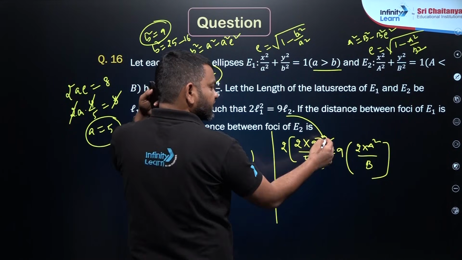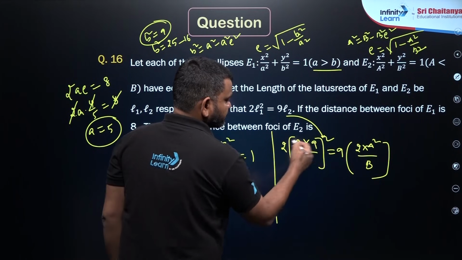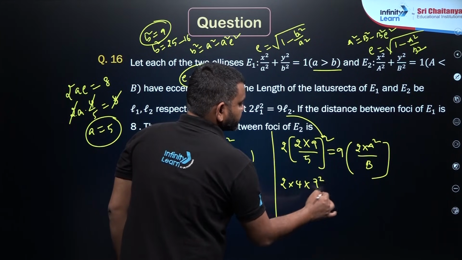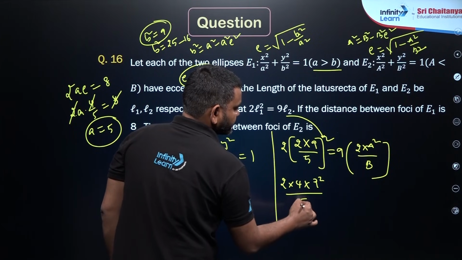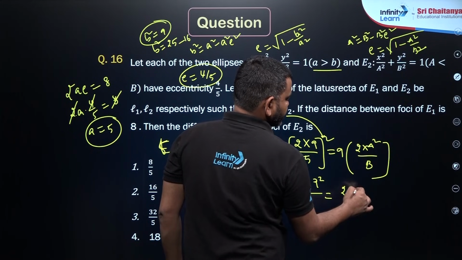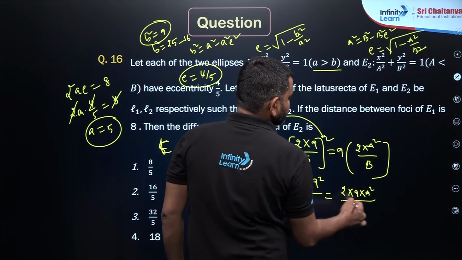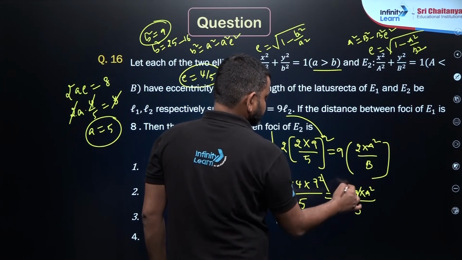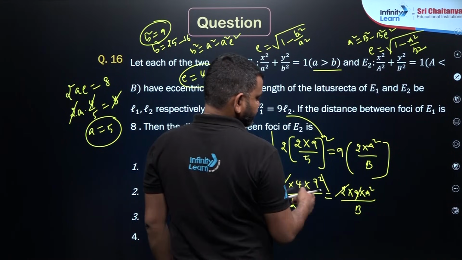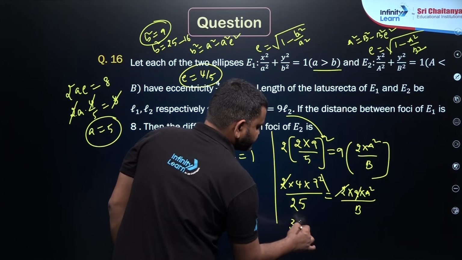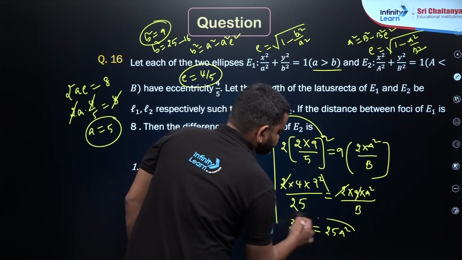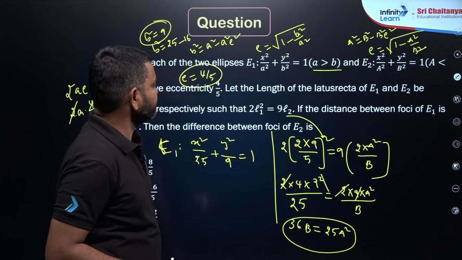Now as of now we have 9 square. So 2 into 4 into 9 square divided by 5 square, which means 25, that is equal to 2 into 9 into a square by b. So 9 and square is getting cancelled, 2 and 2 is getting cancelled. Now all I have here is 36b is equal to 25a square. This is one condition I have.